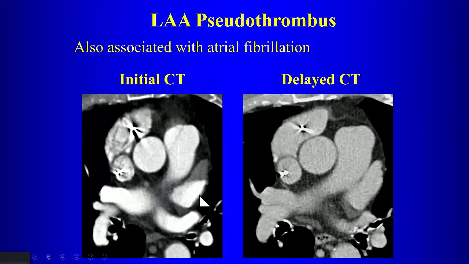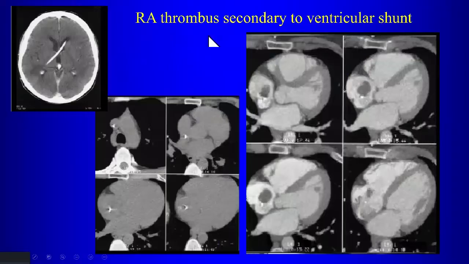Because of the atrial fibrillation, there's stasis of blood here at the tip of the left atrial appendage, and the contrast is denser than the blood, it's heavier than the blood, so it tends to layer out on your initial images. But if you image a few minutes later, the contrast gets a chance to mix in, and then the filling defect goes away. So that is left atrial appendage pseudothrombus.